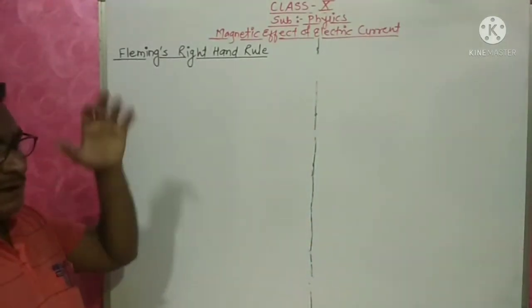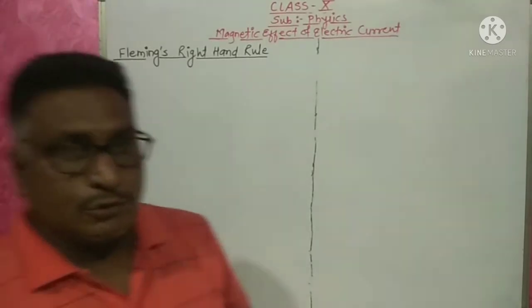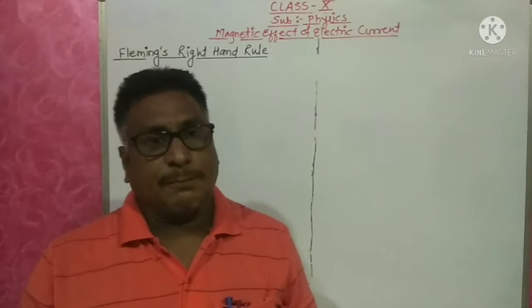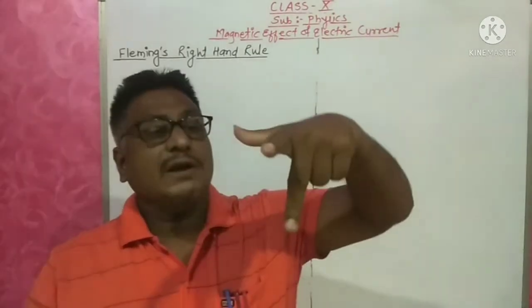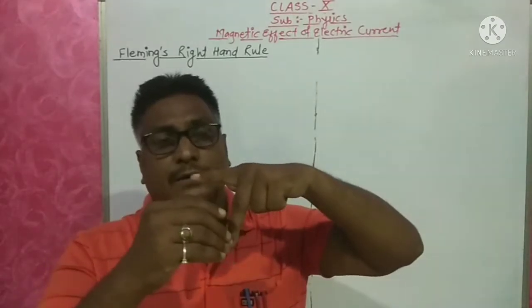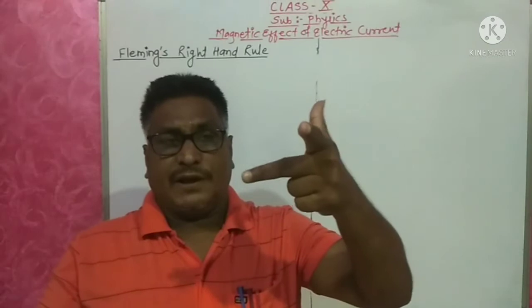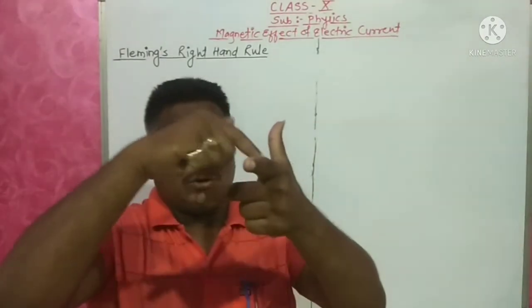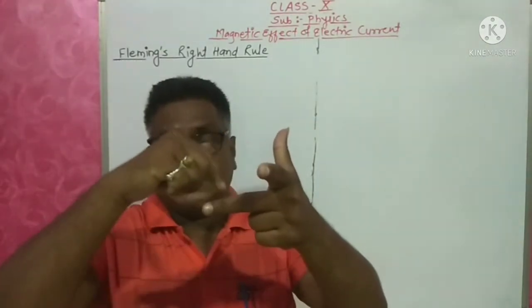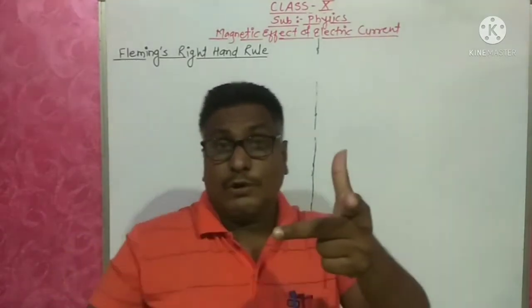The electric motor is based on Fleming's left hand rule. So what did we study in Fleming's left hand rule? Hold your forefinger, middle finger and thumb in such a way that they are mutually perpendicular to each other.